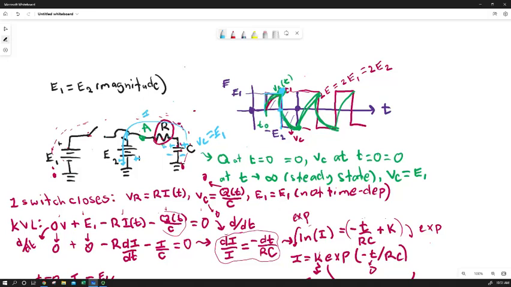So what we're going to do in the next video, or after a quick pause, we're going to come back to this, and we're going to derive an expression for this portion of the curve that I am just drawing in aqua, where we have a charged capacitor, so a V sub C equals E1, but now we switch sources and we drive the circuit where we're kind of pulling that current out of the capacitor in the same direction it wants to discharge.